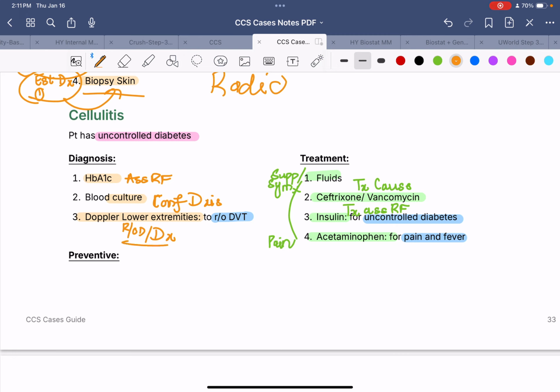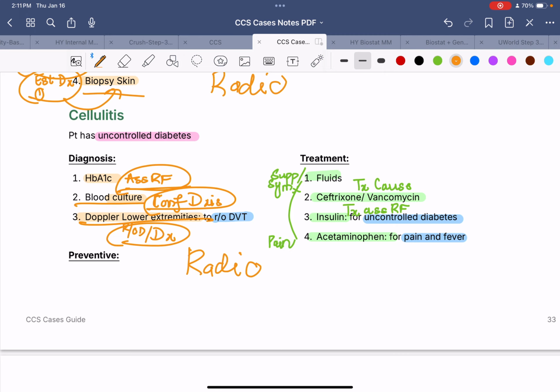One thing would be a radiological test to rule out DVT, if there is some underlying DVT under the cellulitis, which you can do with a Doppler of the lower extremity. Then you can do blood cultures to confirm whether the patient has systemic infection. And to see the extent of the diabetes, which is an associated risk factor for the development of cellulitis, you can do HbA1c as well.